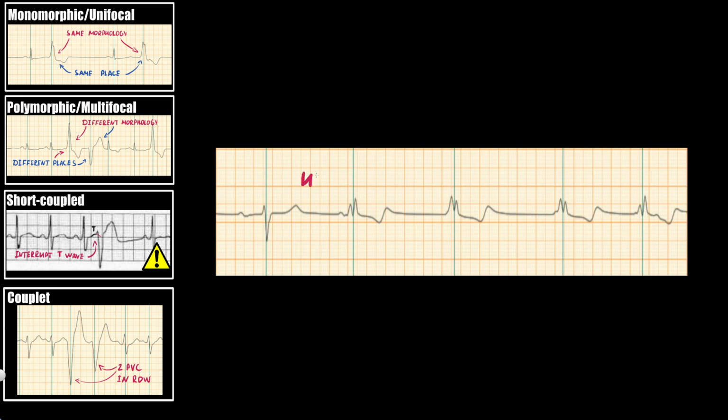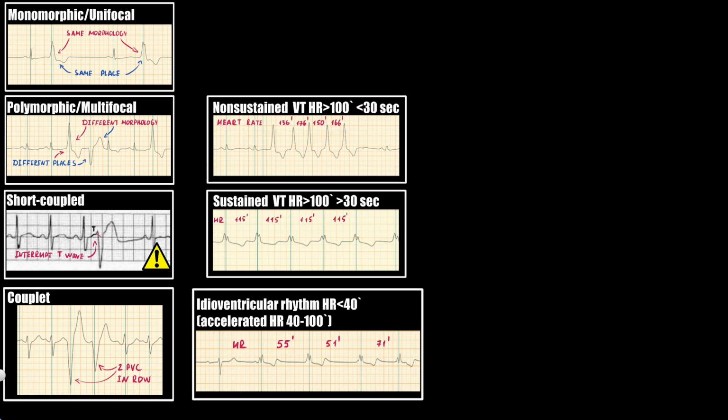If we have 3 or more consecutive PVC complexes with a heart rate less than 100 beats per minute, we call it idioventricular rhythm. Usually, idioventricular rhythm has a heart rate less than 40 beats per minute. If it has more than 40 beats per minute, this type of idioventricular rhythm is called accelerated.